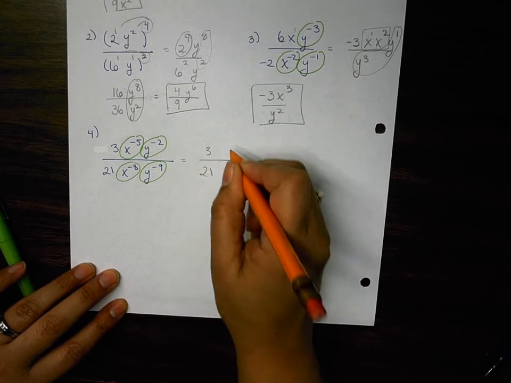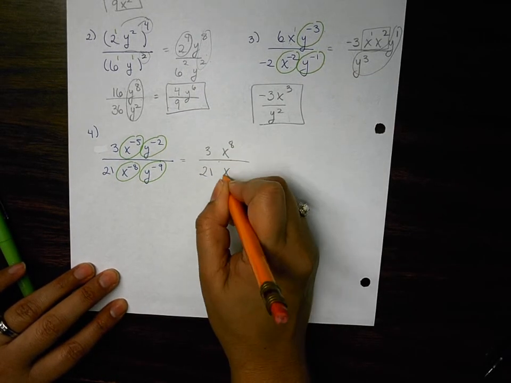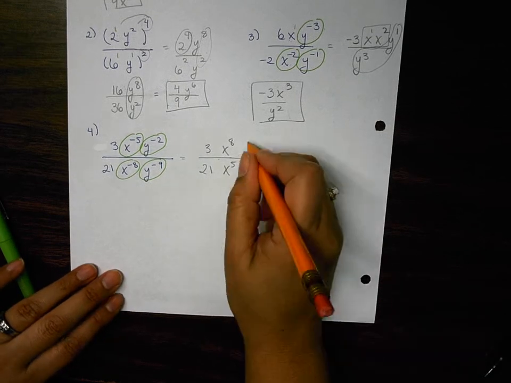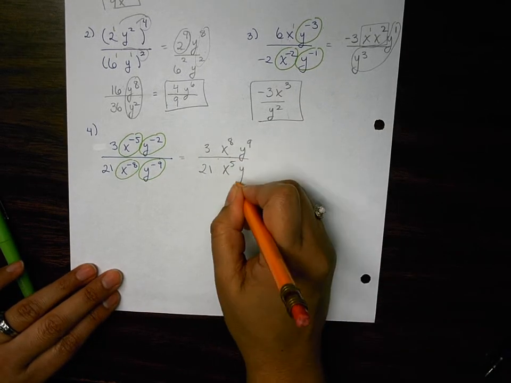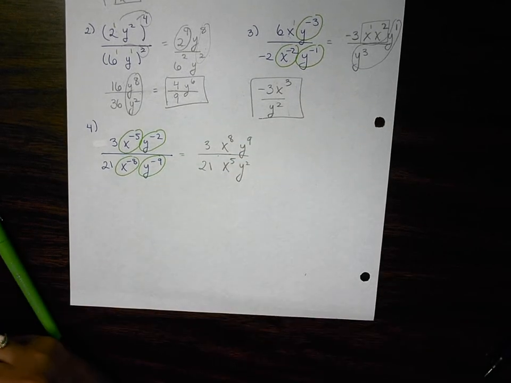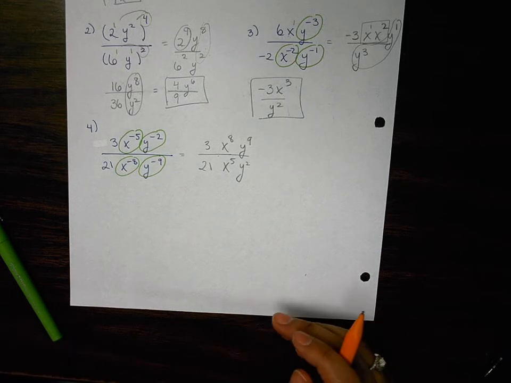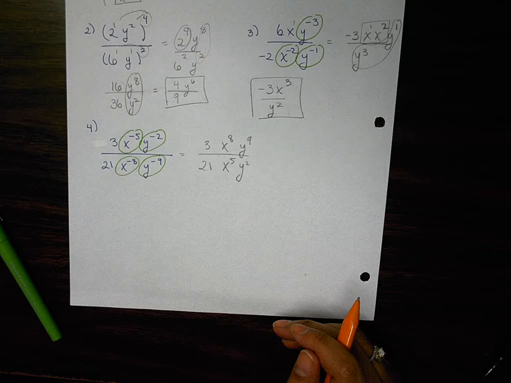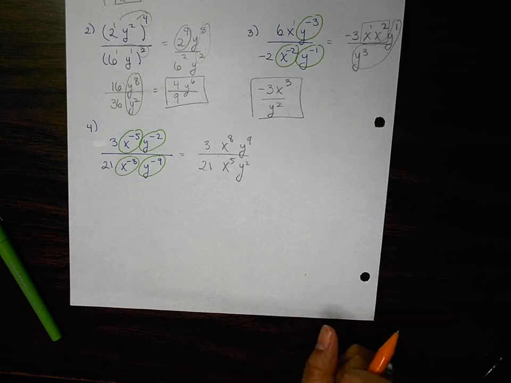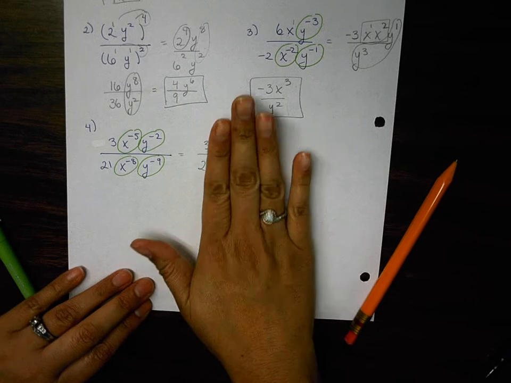It just depends on the problem. 3 is staying, 21 is staying. The x's are switching places, becoming positive. The y's are switching places, becoming positive. Most of the time something will be moving, but they don't always flip-flop.